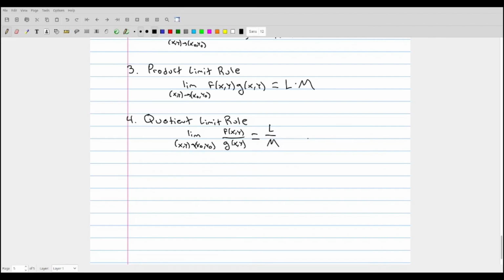This is, again, assuming that m is non-zero, and this just guarantees that we're not dividing by zero. So as long as the limits of f and g exist and m is non-zero, you can say that the limit of the quotient of f over g is just going to be equal to L over m.